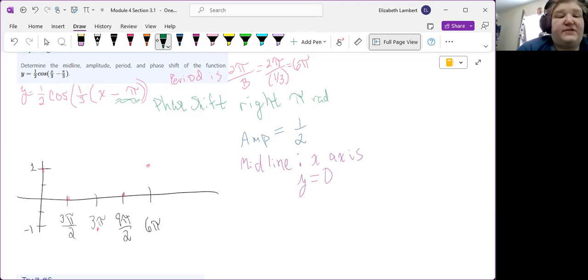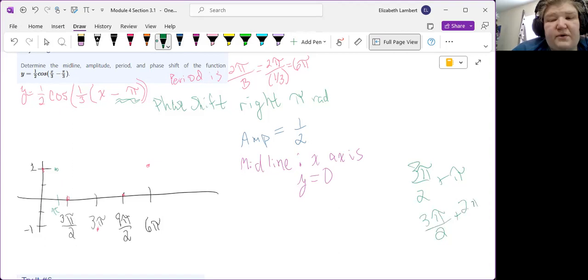Now our phase shift, I now need to take all of these points and move them right pi. So get a little more interesting here. There's our pi. Then 3 pi over 2 plus pi is 3 pi over 2 plus 2 pi over 2. So that is 5 pi over 2.